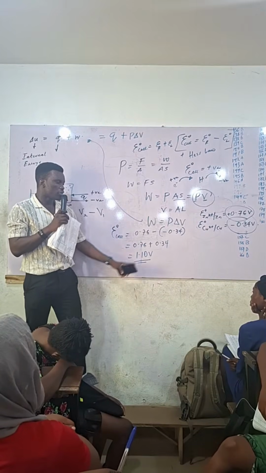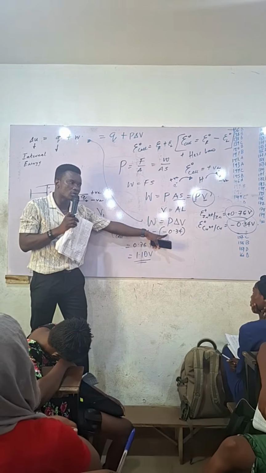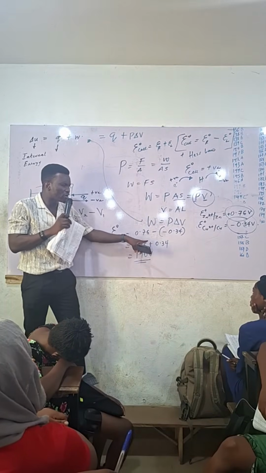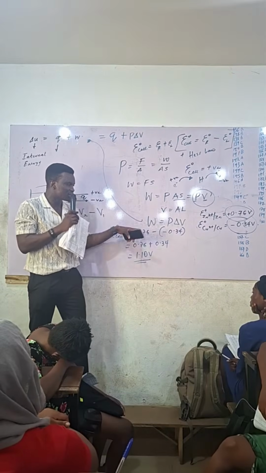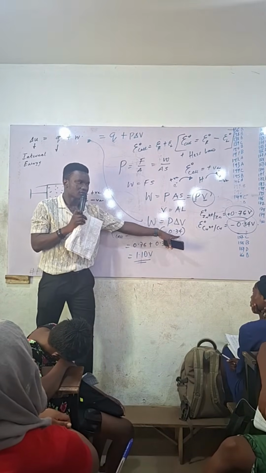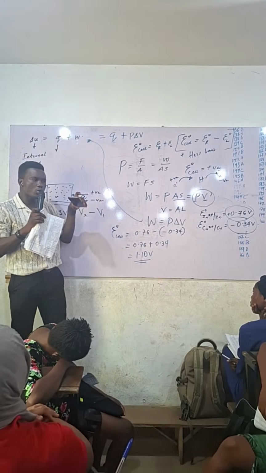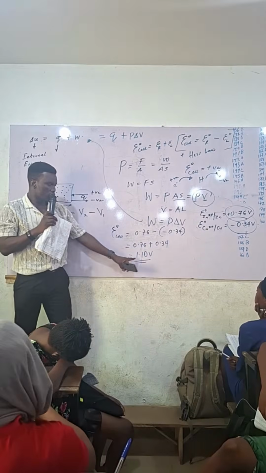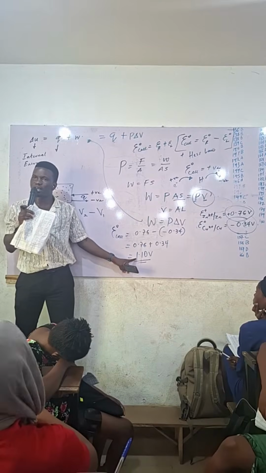The sign we have here is just an indication of what is happening, but at the end of the day, your final answer shows the potential for both zinc and copper. If you say it is the difference, do you know that I can get a negative here? If I get a negative, what is it telling me?